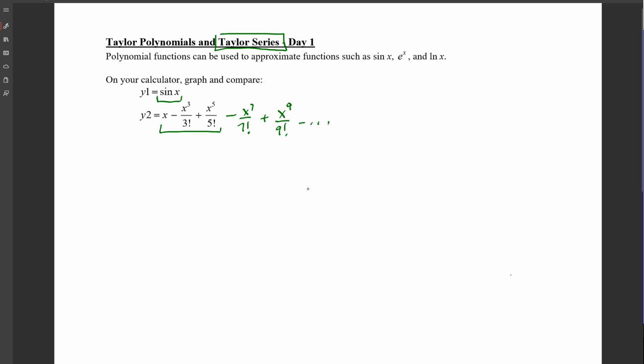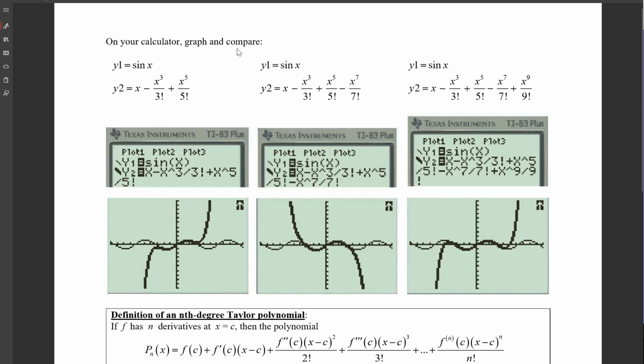And of course you could do this for a long time. On my calculator I've put in extra terms, and you can see that as you add extra terms, your radius of convergence gets better and better, meaning you can approximate more and more values of sine.